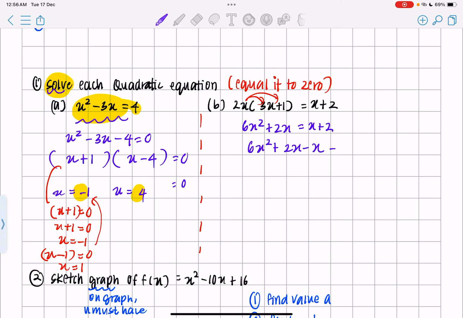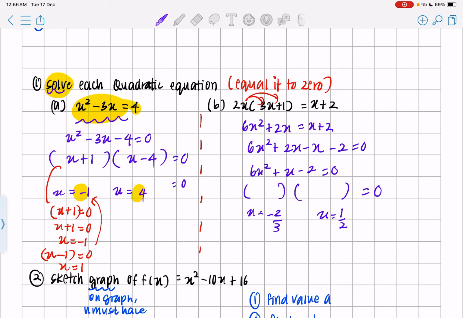Okay, tak apa, you tulis je banyak-banyak, as long as you tak careless. So 6x square stay, 2 minus 1, you're gonna have x, and then minus 2, equal to 0, jangan lupa. I tekan-tekan calculator, I dapatlah x equal to negative 2 over 3 and x equal to 1 over 2.